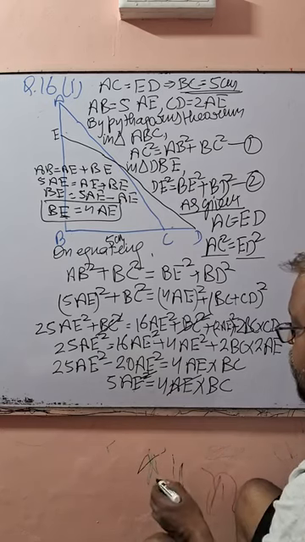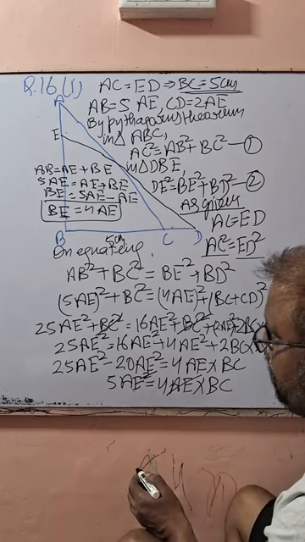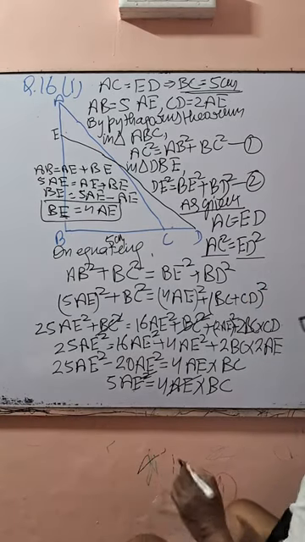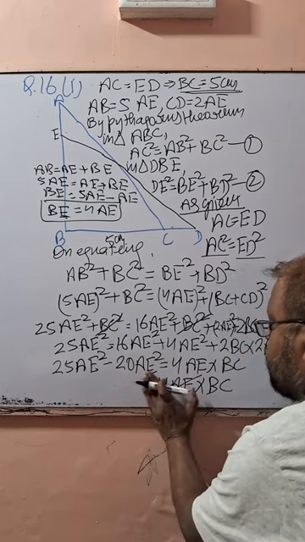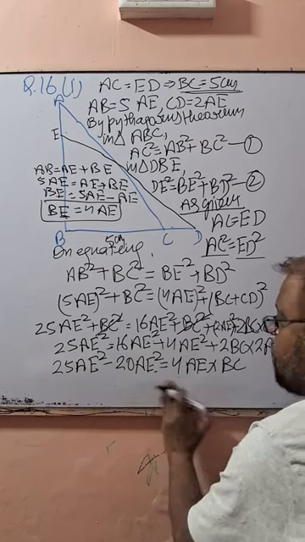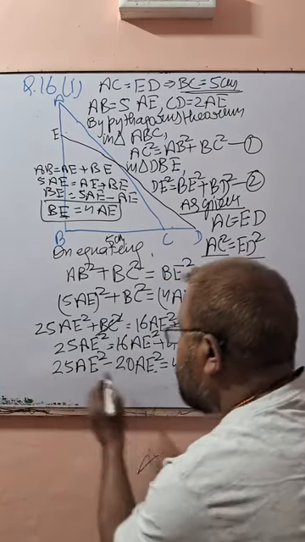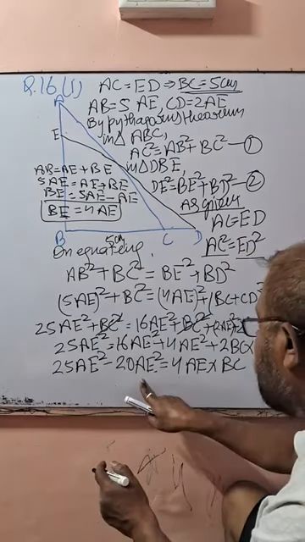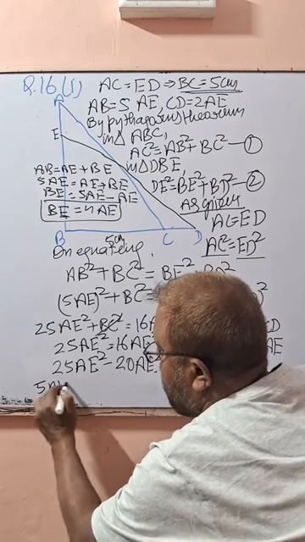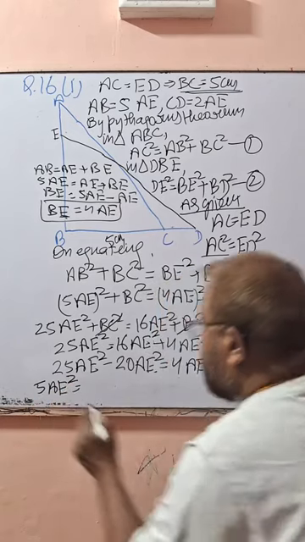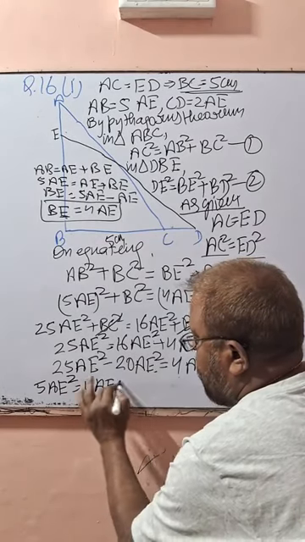So we can write 25 AE square minus 20 AE square becomes 5 AE square. 5 AE square is equal to 4AE into BC.